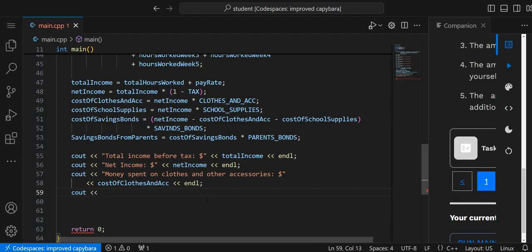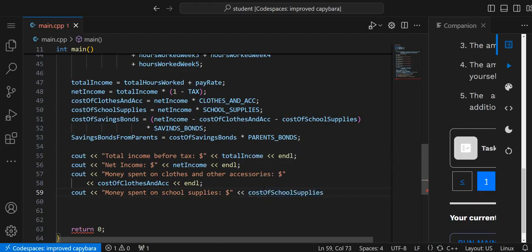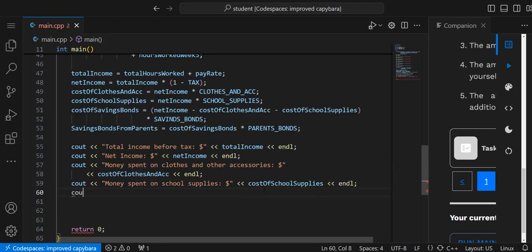Money spent on school supplies. Sign. And cost of school supplies. Money spent to buy savings bonds.